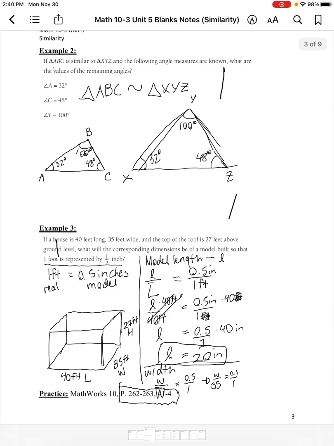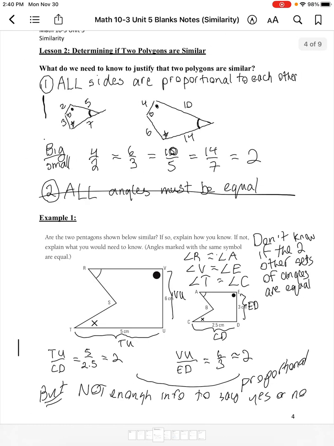This is all stuff that we would have done last week. And then we also looked at, if we're doing a model of a house, how could we find out what the size of the model would be? Those are a few things that we did.